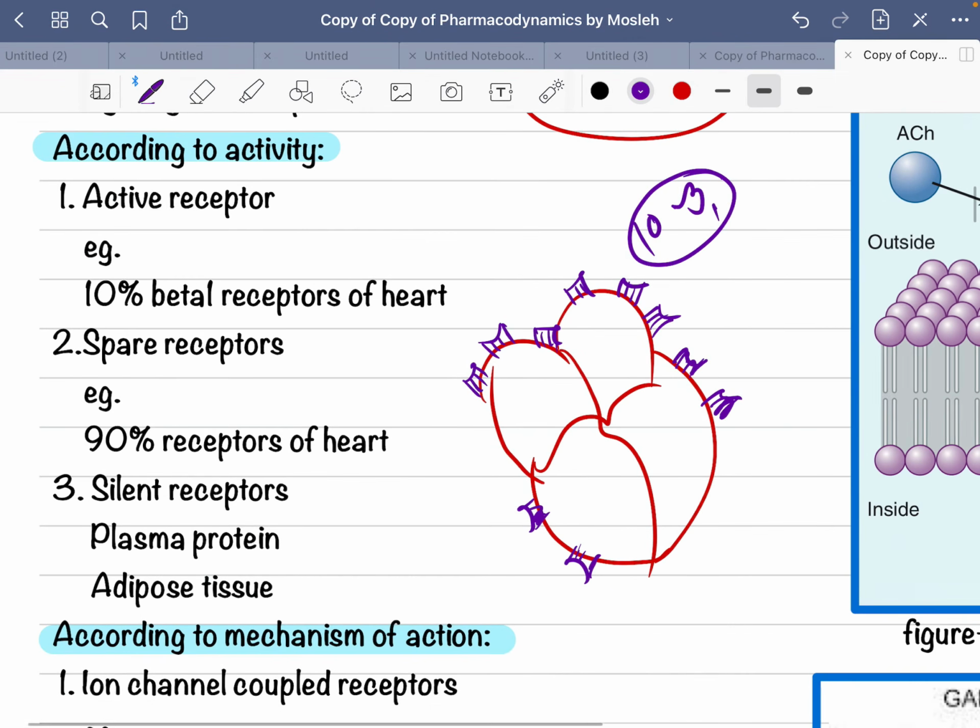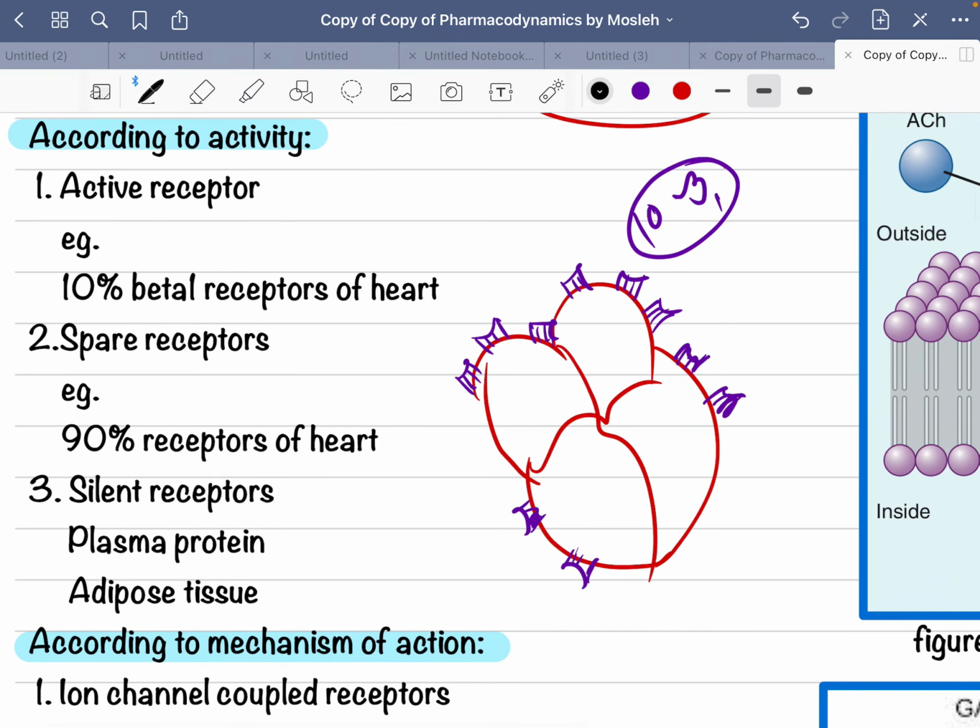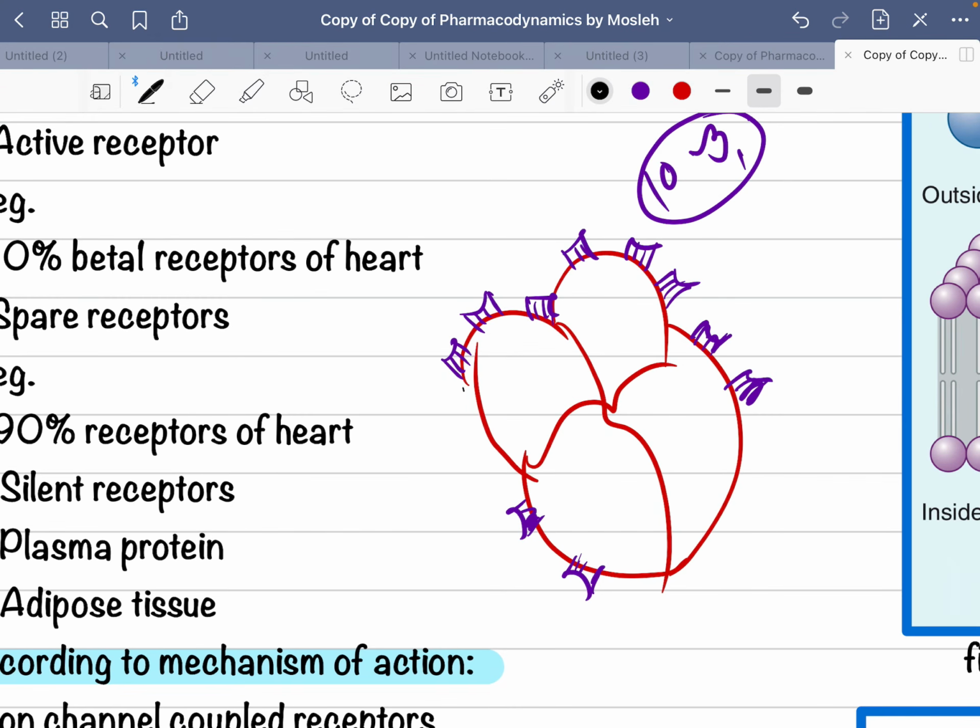So there are also 90 receptors which are located in the cytoplasm. In the cytoplasm actually they just keep themselves silent.